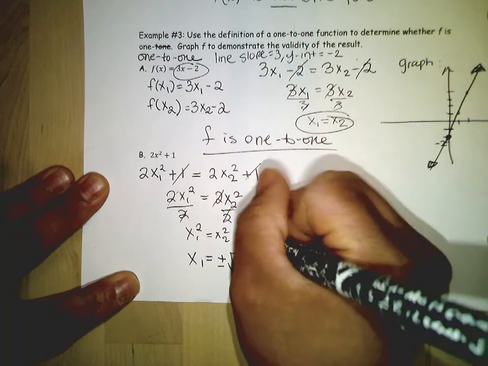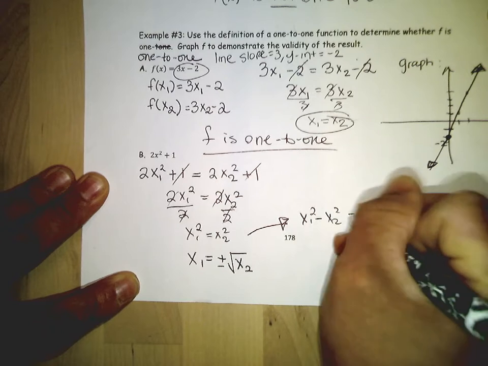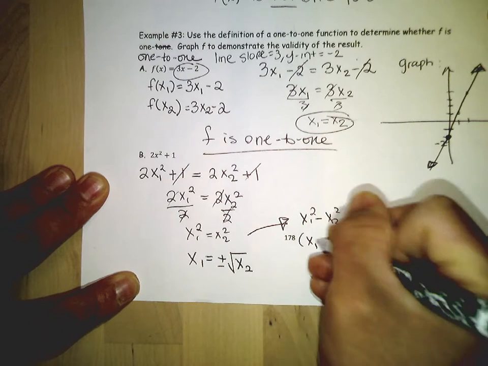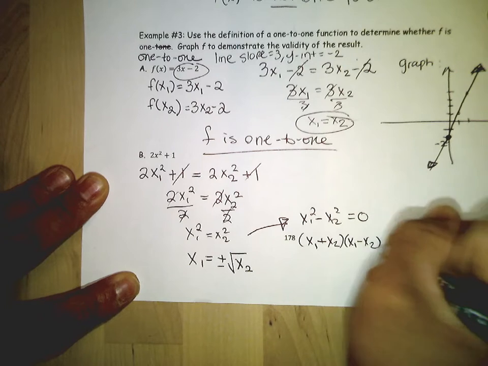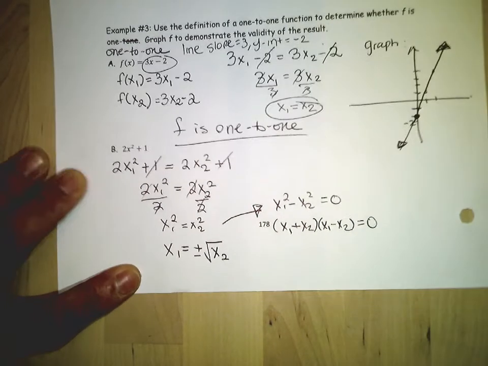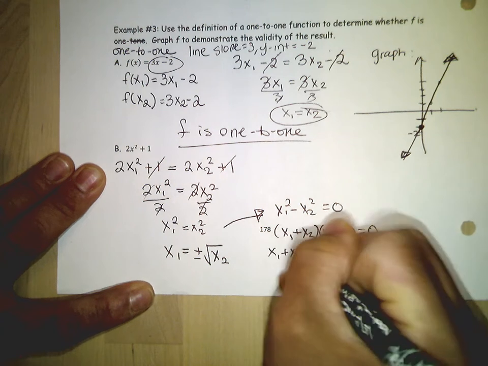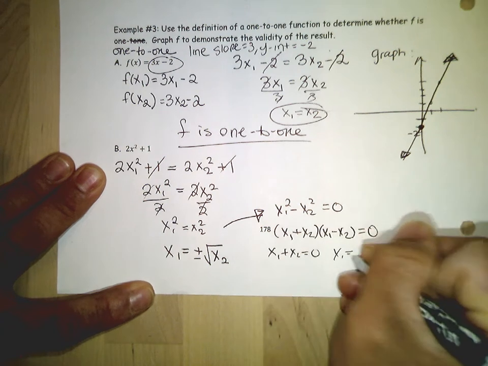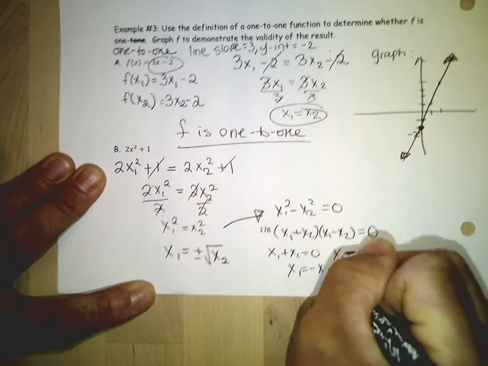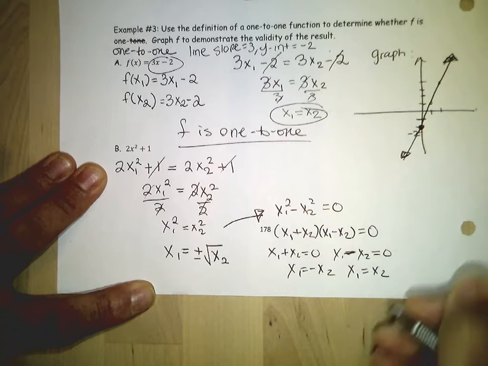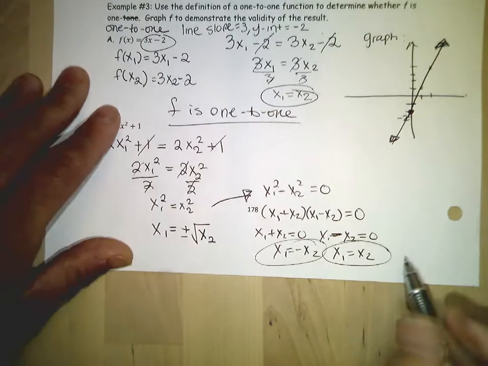Again, another way, if you don't remember to put the plus or minus, is to subtract the x2 squared, then factor x1 plus x2, x1 minus x2, because it's a difference of perfect squares, and then set each factor equal to 0, and you will see that x1 is negative x2 or x1 is x2. So that means that there are two solutions and not one.